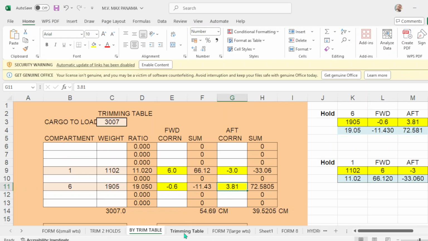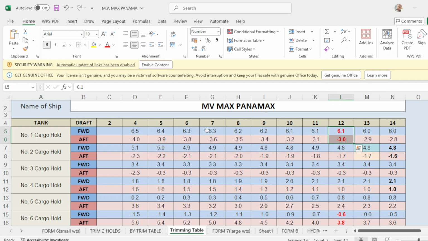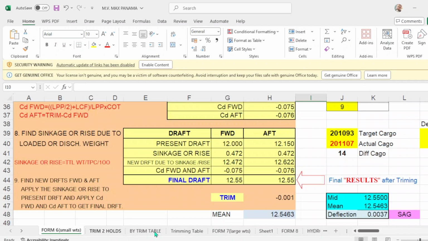So we go to the trimming table. The trimming table now, drop of 2, 4, 6 until 14. A sailing drop is 12.55, okay?